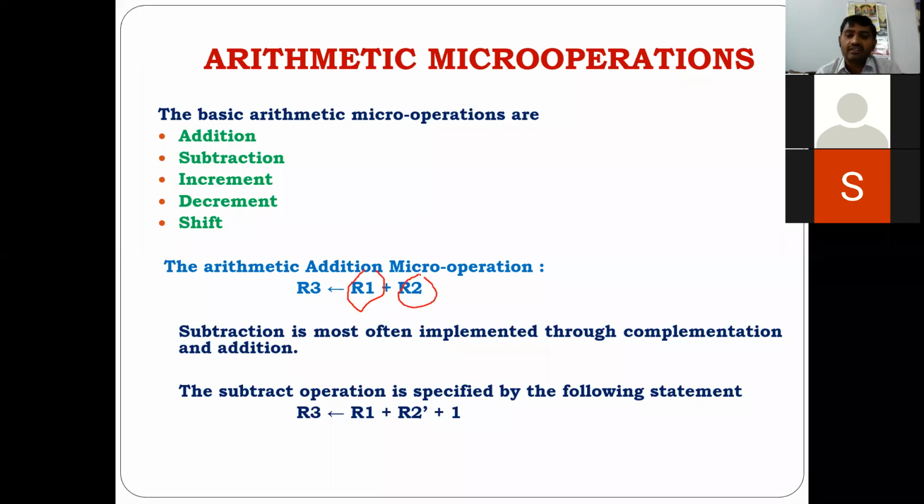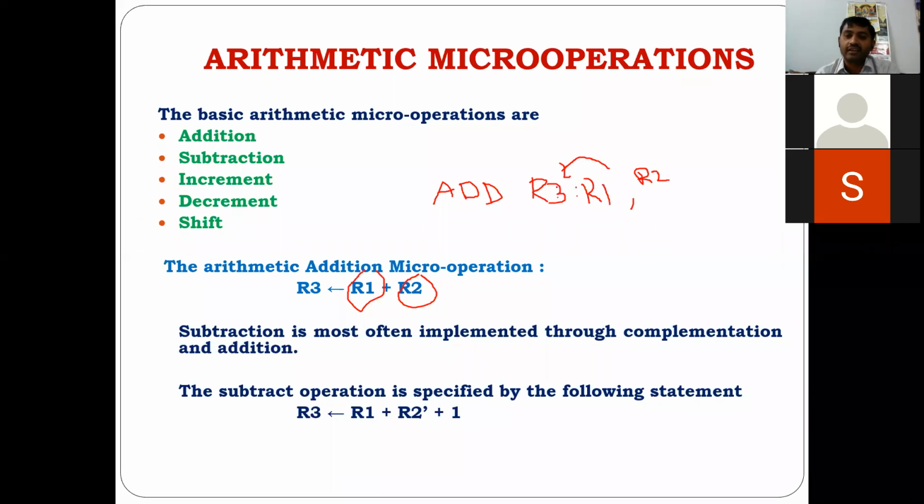So the contents of register R1 and the contents of register R2 will be added, and then that will be stored into R3. Generally in a microprocessor, what we'll be writing in a program as the instruction for addition is ADD R3, R1, R2, which means that the contents of R1 and R2 will be added and stored into R3.